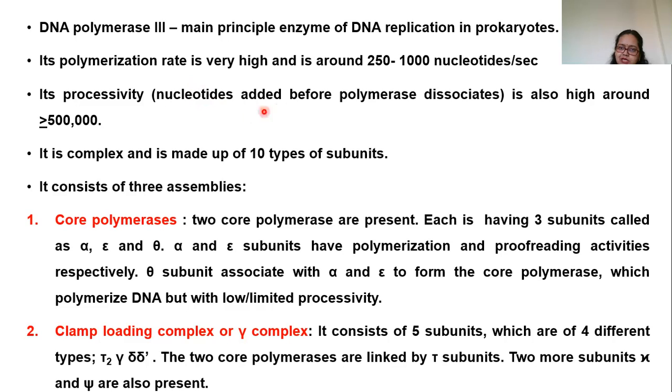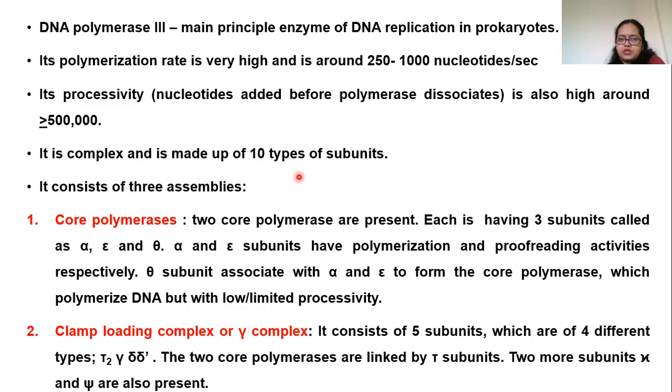Once the replication of that strand is finished, the polymerase itself dissociates. The number of nucleotides added before dissociation is called processivity, and it is greater than or equal to 5 lakhs. So it can add up to 5 lakh nucleotides before its dissociation.